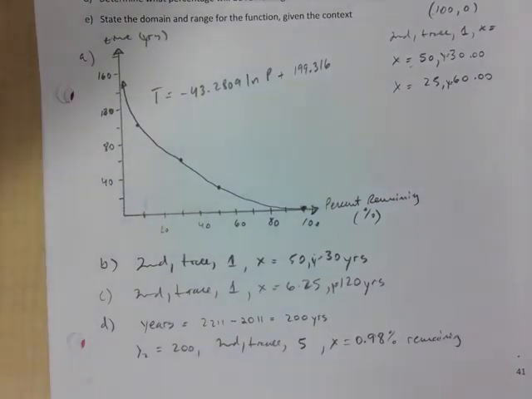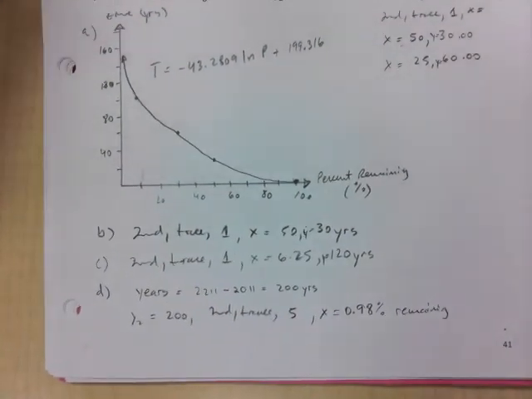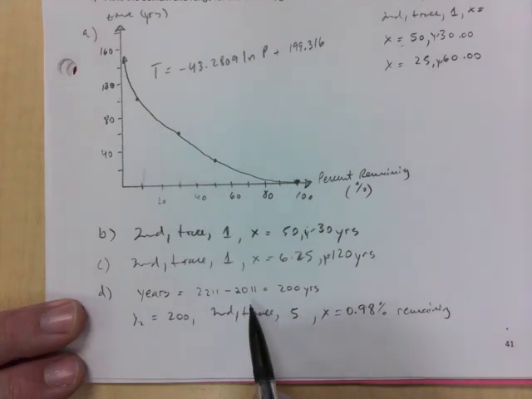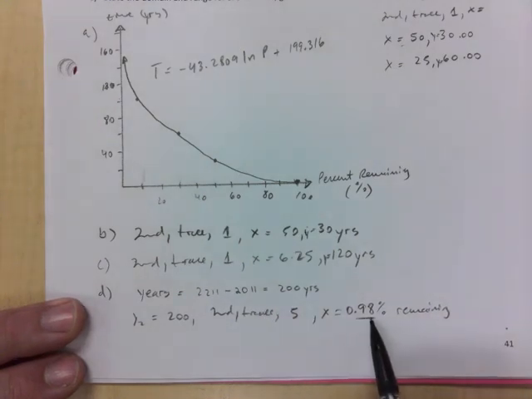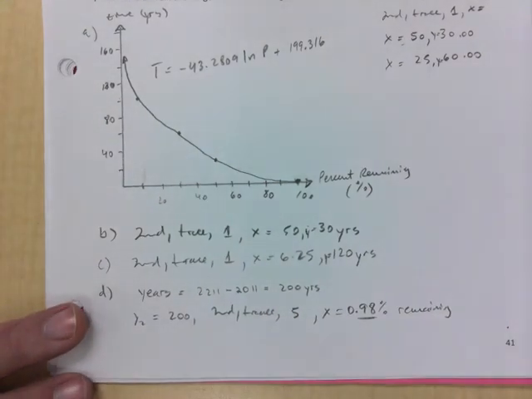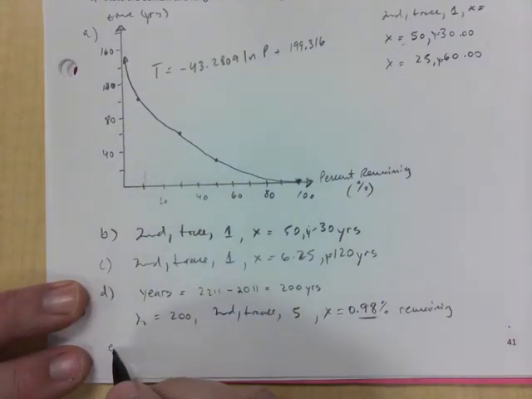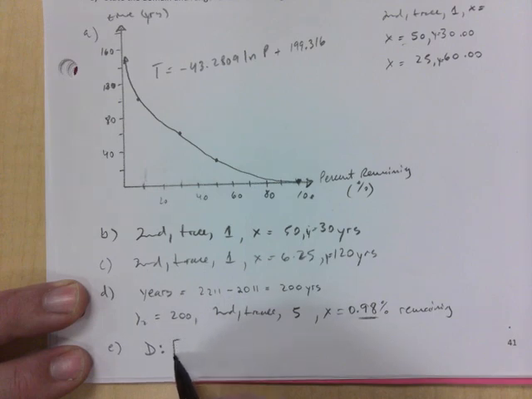All right, and then for E, state the domain and range for the function given the context. So I guess we're going to assume that at this point it's safe, right? It's so far down the road. So for E, we would go domain. It's our percent remaining, right? We'll never really get to 0 probably. So 0.98 to 100.